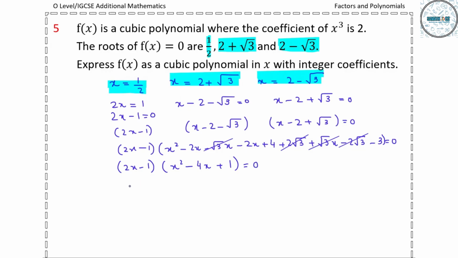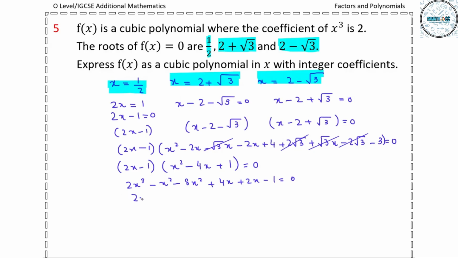Then we will expand these two brackets. We will get 2x cubed minus x squared minus 8x squared plus 4x plus 2x minus 1 is equal to 0.